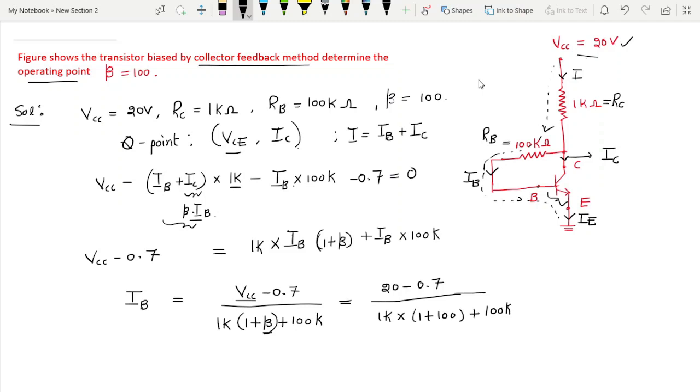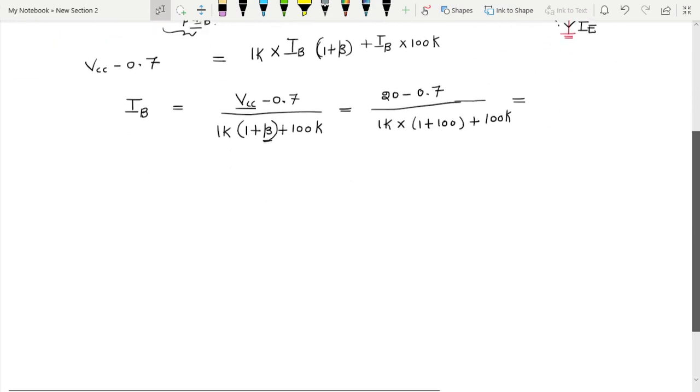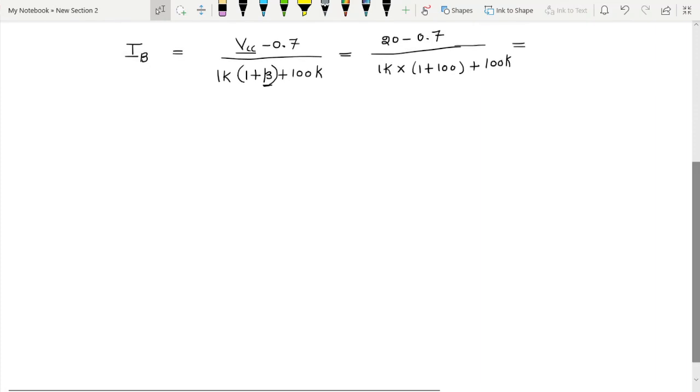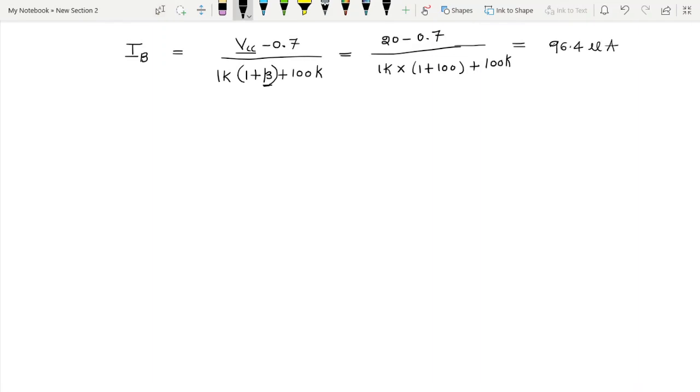By doing the simplification you will get the base current equal to 96.4 microamperes. So this is the base current.